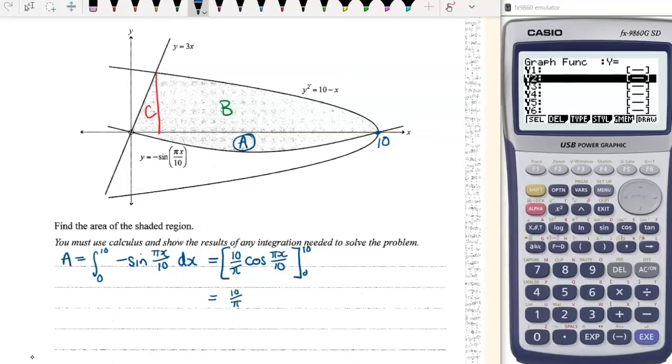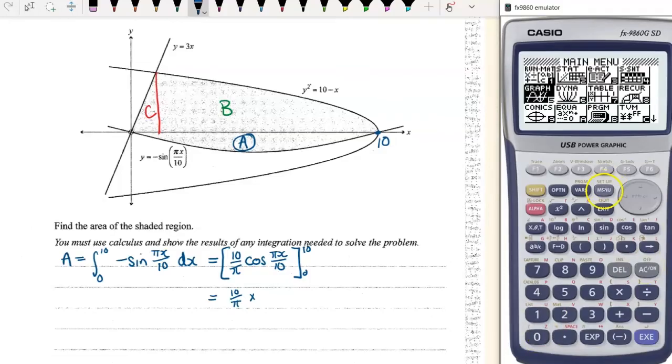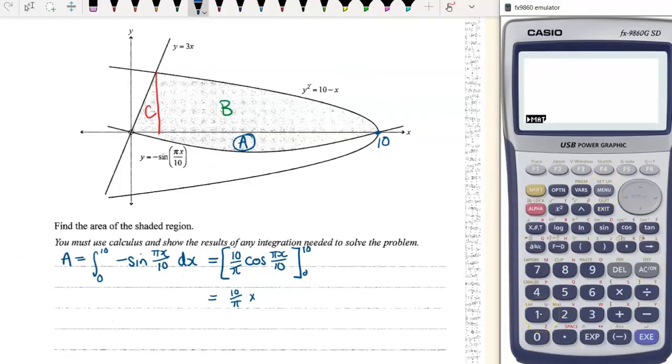So this then equals 10 over pi times, let's go back to there. So 10 in for x, we're just doing pi then, so cos of pi is equal to -1.